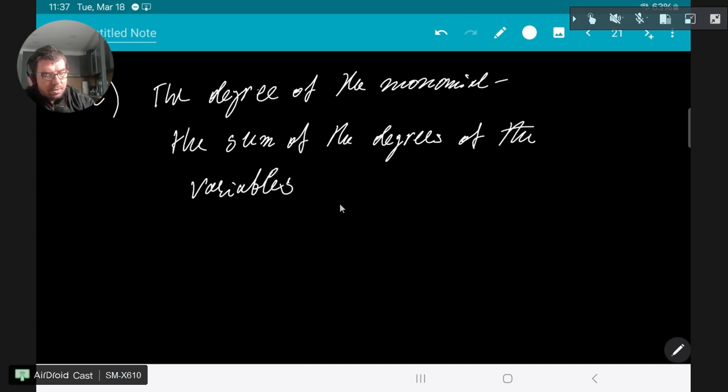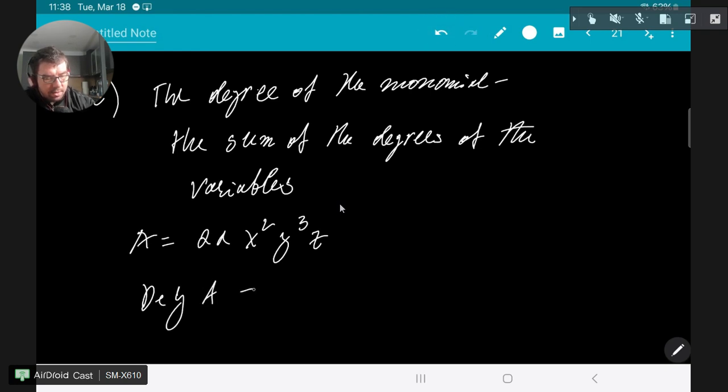Okay, so for example, a equals 2a x squared y to the power of 3 z. All right, so the degree of a is going to be, I add up the degrees of the variables, 2 plus 3, and here is 1. 2 plus 3 plus 1 is 6. Okay, so this monomial is of degree 6.